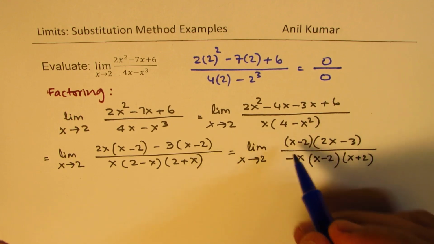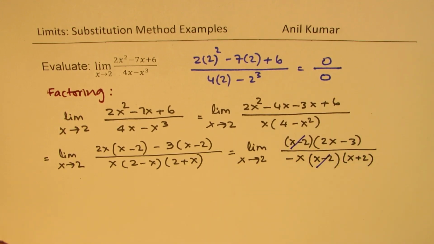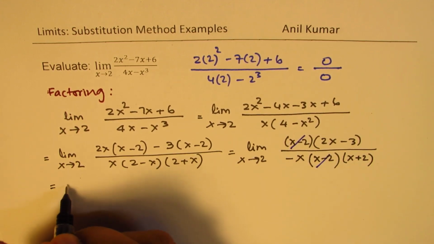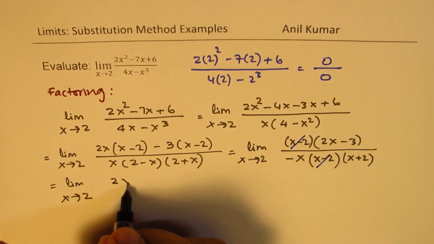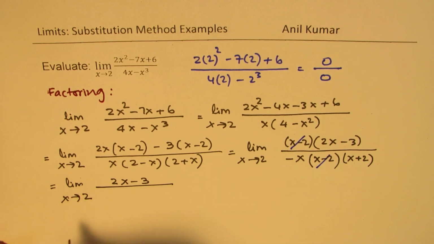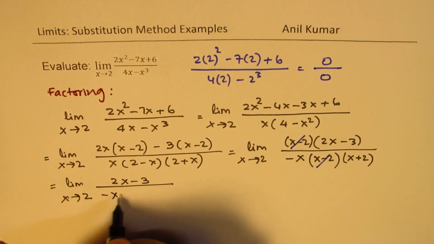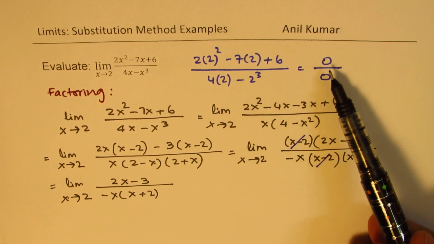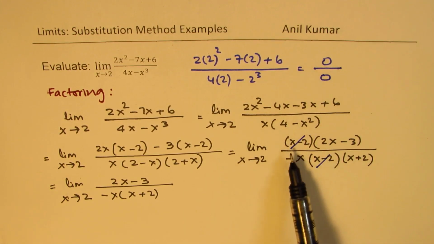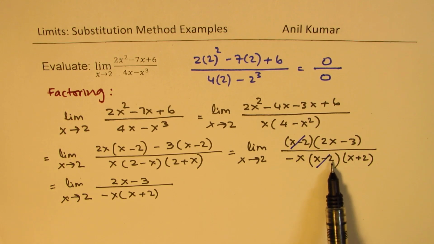Now clearly x minus 2 can cancel, and we get limit x approaches 2 of 2x minus 3 over minus of x times x plus 2. Note that what was giving us 0 over 0 was this factor of x minus 2 and x minus 2.